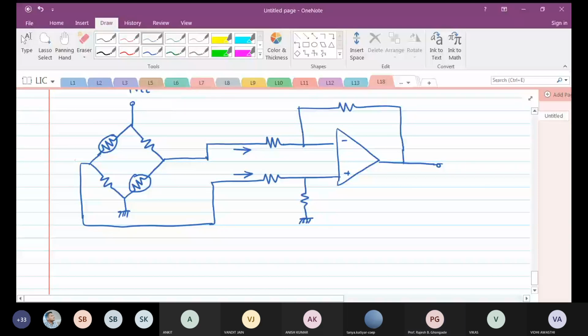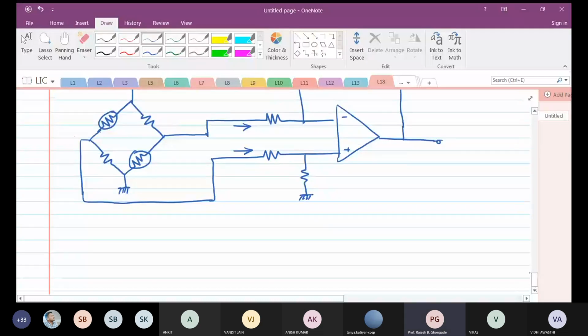All right. Yes, sir. So just keep it in mind. This will be useful only when the output resistance looking into these terminals is very small.